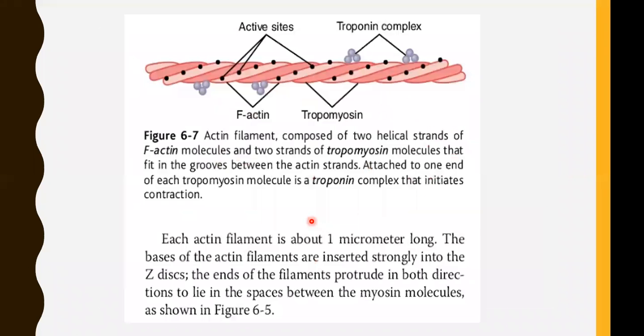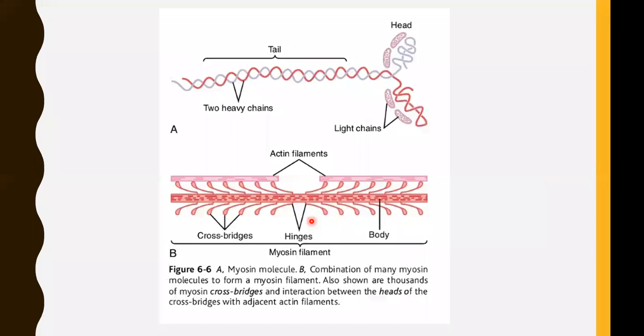This is the myosin. You can see 6 chains: 4 small chains and 2 long chains. The major portion of the longer chains unfold spirally around one another and form the tails.